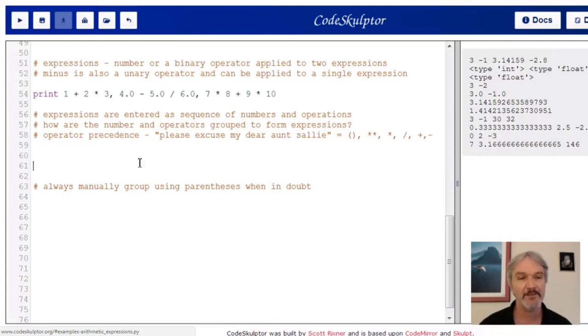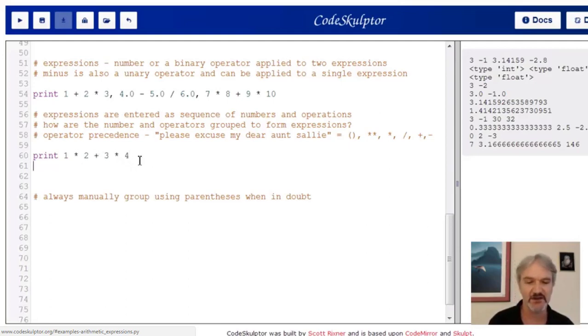So for example, let's type in an expression here, say print 1 times 2 plus 3 times 4. The rules of precedence say that we should do multiplication before addition, so this is really the same thing as 2 plus 12. If I run that, sure enough, I get 14 back from both of them.